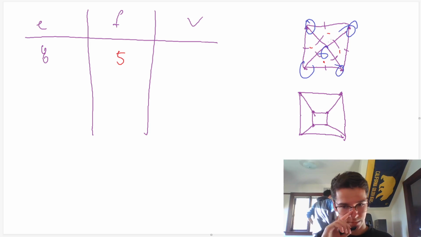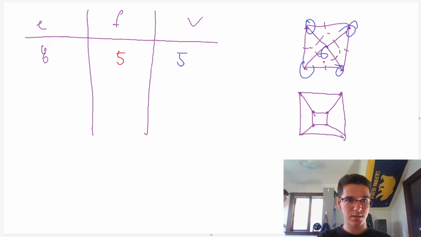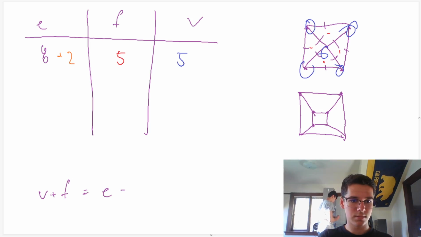So if we remember what the formula was, it was vertices plus faces is equal to 2 plus the number of edges. And if we add 2 to this, we get 10, so the equation holds up. Let me just write the equation so we have it on hand: vertices plus faces is equal to edges plus 2.